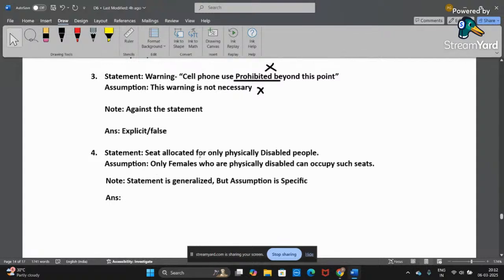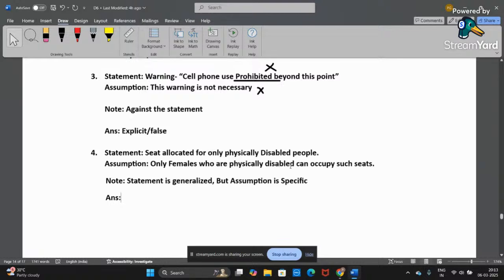Seats allocated for only disabled people. That is the statement they have given here. The assumption: only females who are physically disabled can occupy such seats. See, in the first statement, the allocation is given in a generalized way, but in the assumption they are giving something specific, that only the physically disabled should be seated.